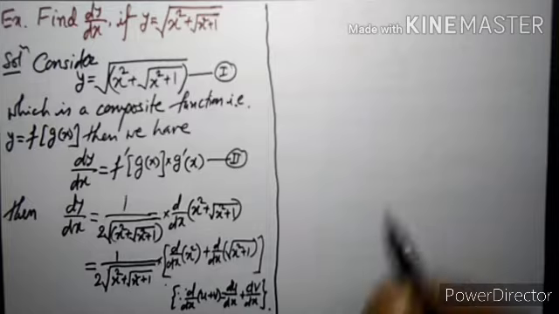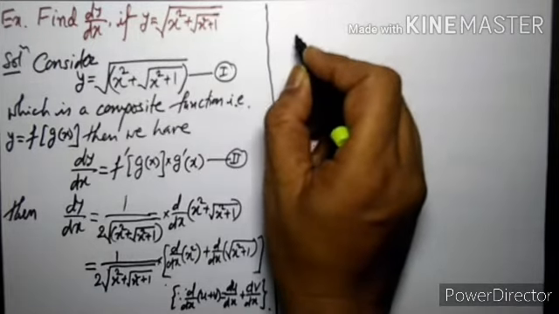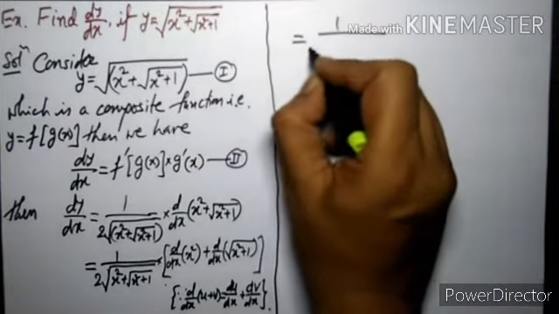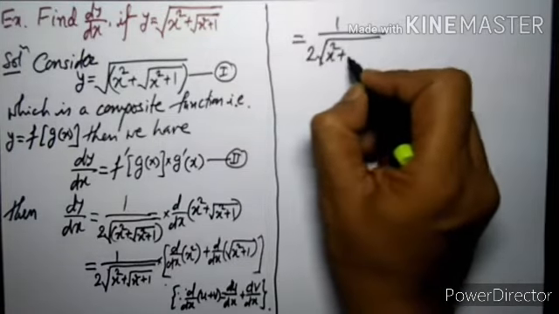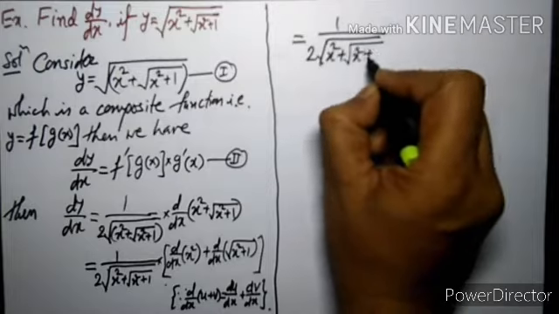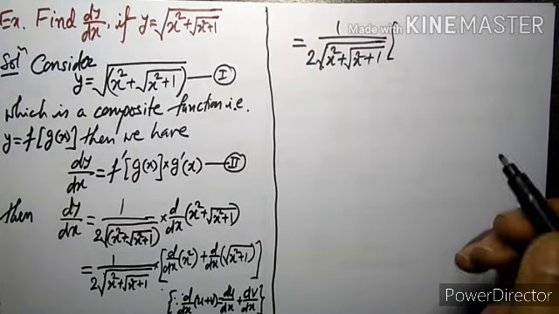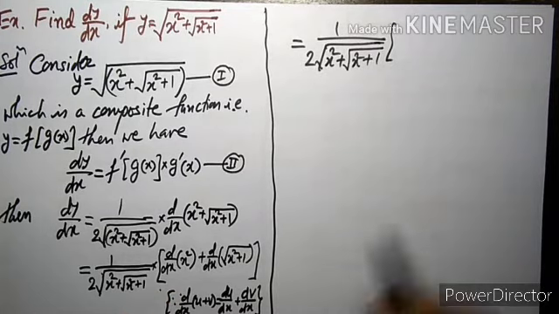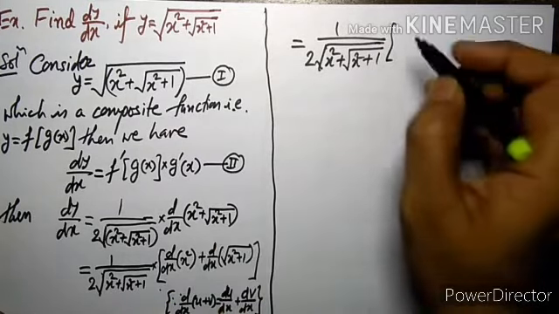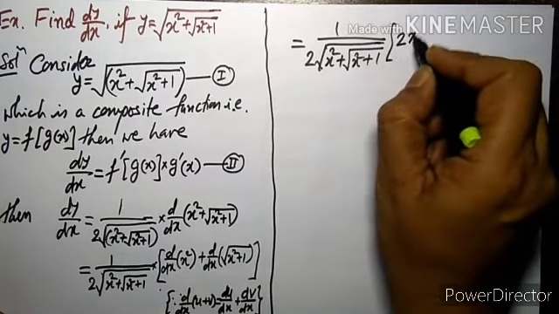So now it is equal to, no change in the first part, it is 2 root x square plus root of x square plus 1. So now we'll go for this derivative. Derivative of x square is 2x, and again see, we have derivative for root of x square plus 1.